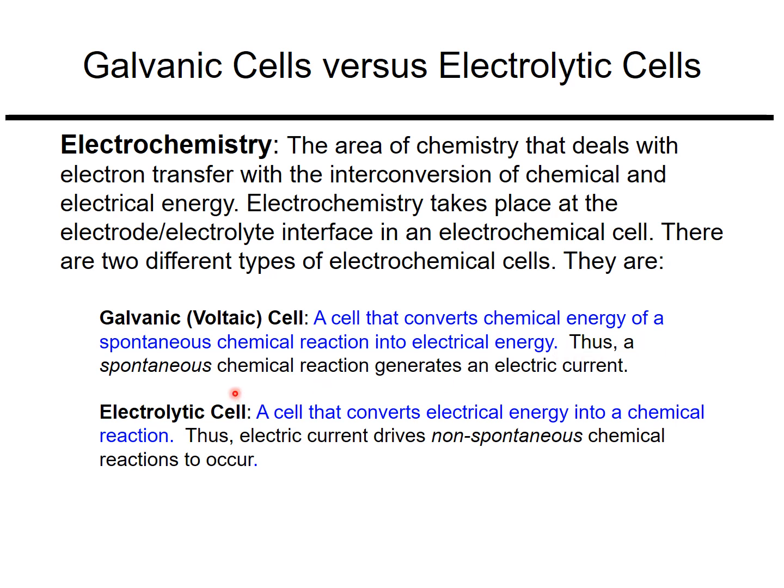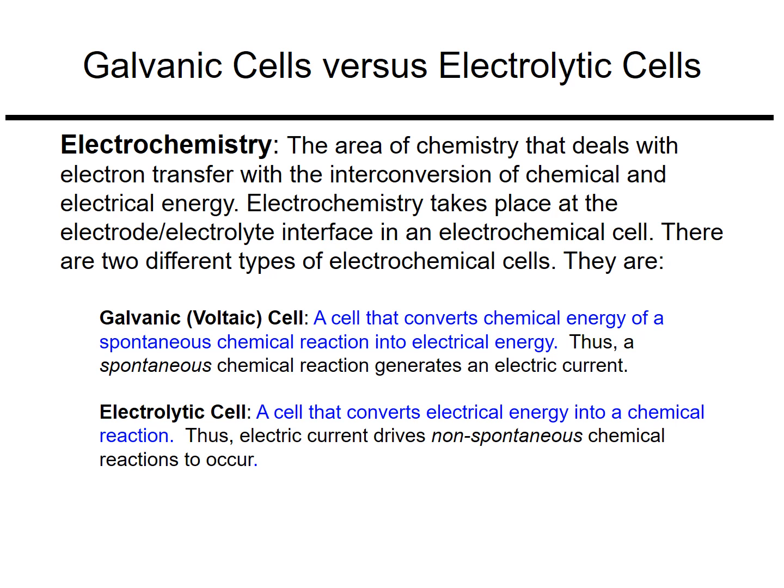Thus, a spontaneous chemical reaction generates an electric current. On the other hand, here is an electrolytic cell. This is a cell that converts electrical energy into a chemical reaction. Again, electric energy into chemical energy. Thus, electric current drives non-spontaneous chemical reactions to occur.